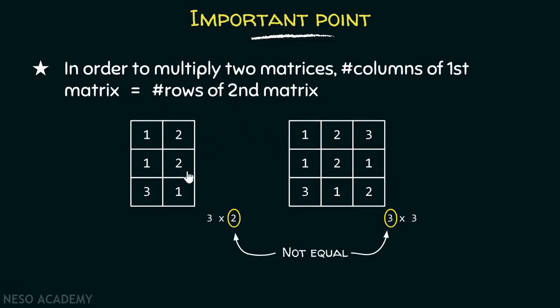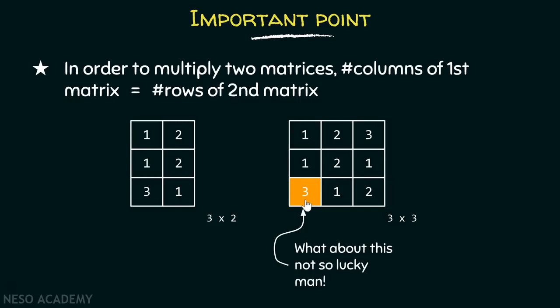If we want to obtain the first element of the resultant matrix, we have to take the first row from this matrix and the first column from this matrix. And then we have to take the first element from this row and the first element from this column, and multiply them together. Then we have to take the second element from this row and the second element from this column and multiply them together. But what happens to this element? This element is isolated.